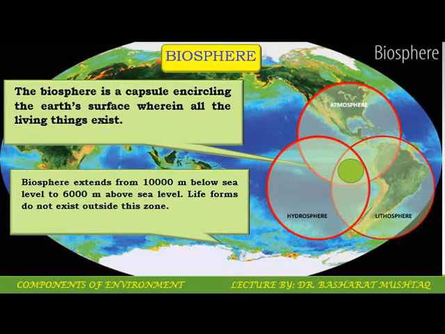Part of mediums such as lithosphere, hydrosphere, and atmosphere together constitute one more medium known as biosphere or living zone. Here in this picture, you can see that there are three spheres: atmosphere, hydrosphere, and lithosphere.